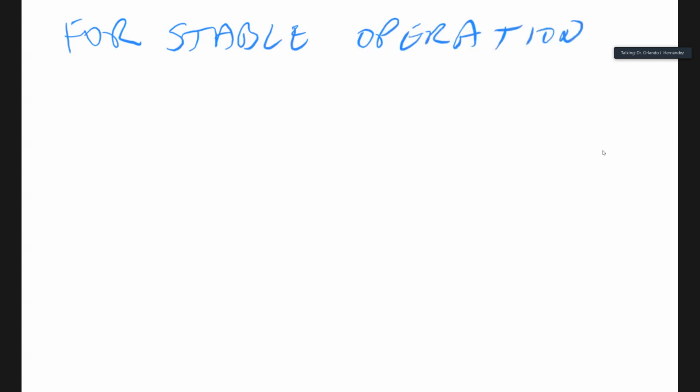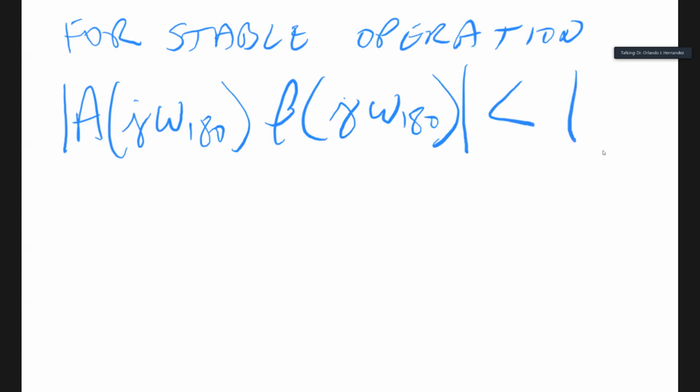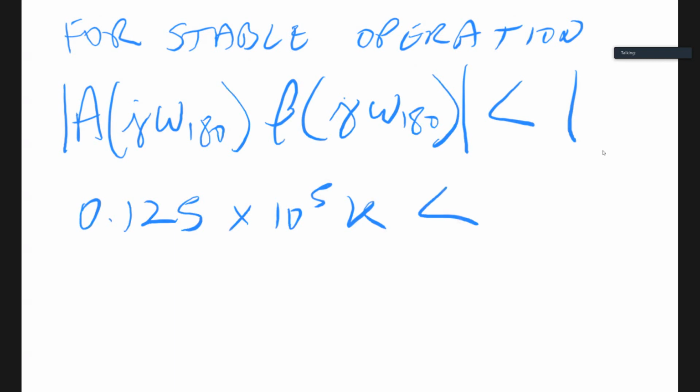We want at that frequency the magnitude of the loop gain to be less than 1. So if we use that, then we have that it has to be less than 1, which means that K has to be less than 8.